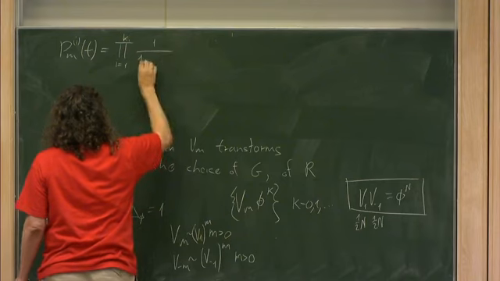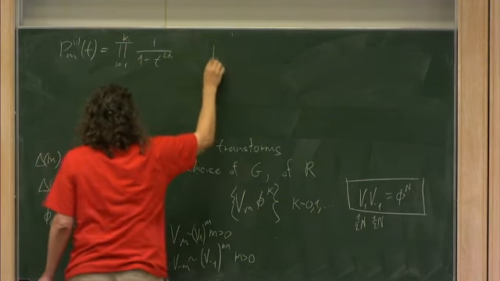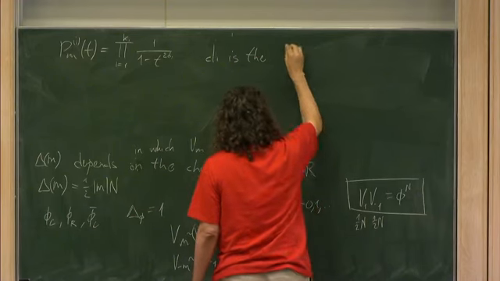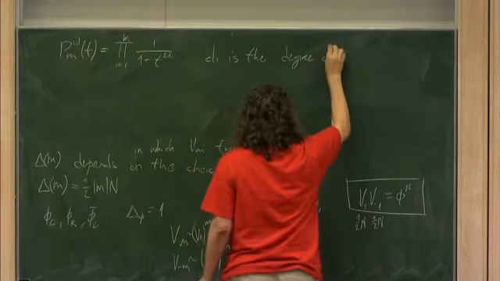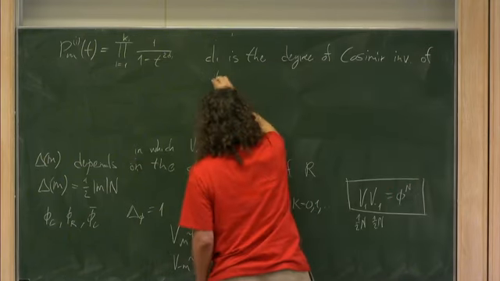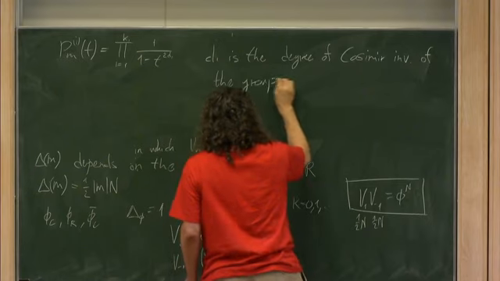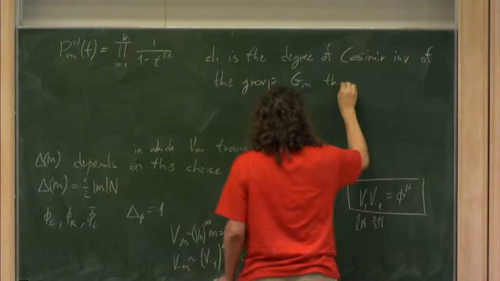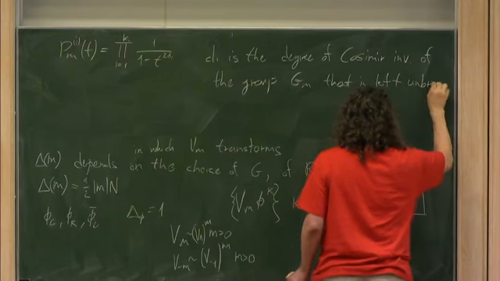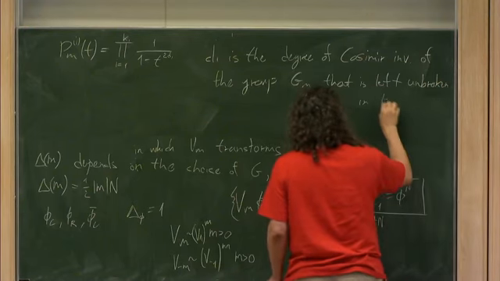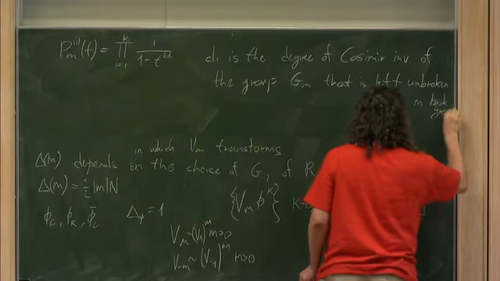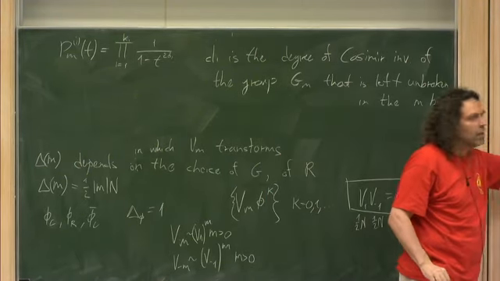And it's going to be 1 minus t to the 2 d_i, where d_i is the degree of Casimir invariant of the group G_M that is left unbroken in the background of M. Or in other words, we saw that if M was 0, the surviving group was SU2.